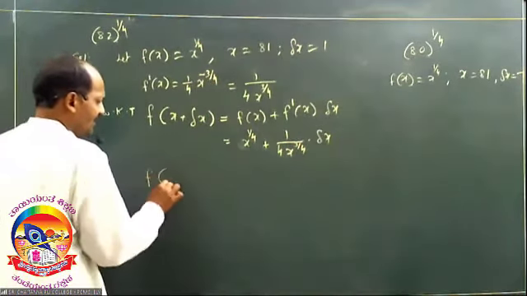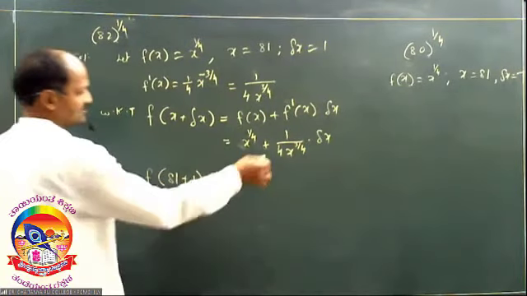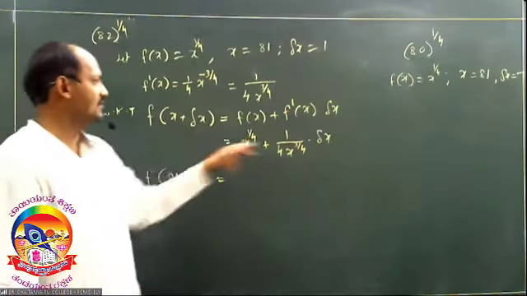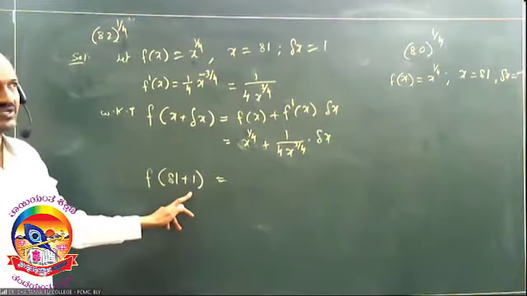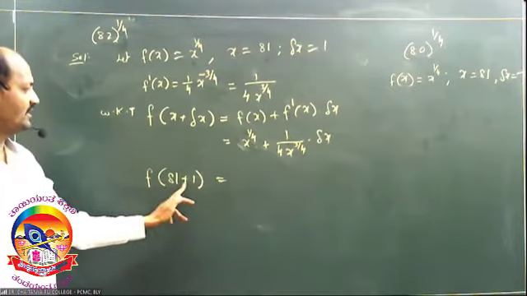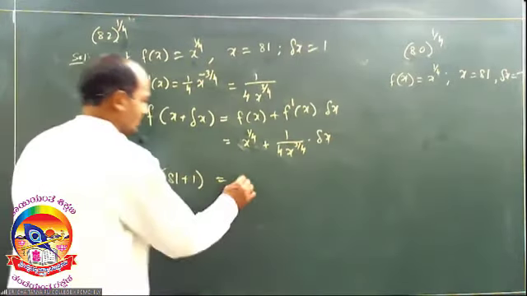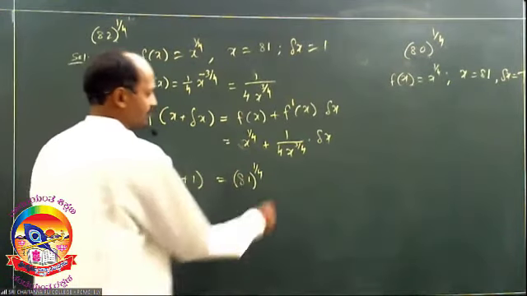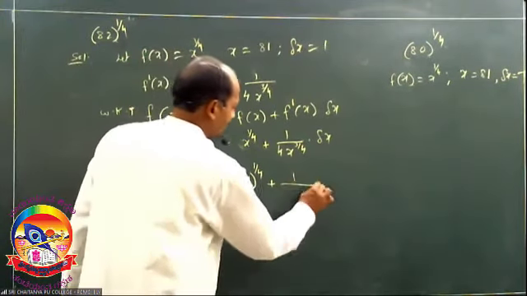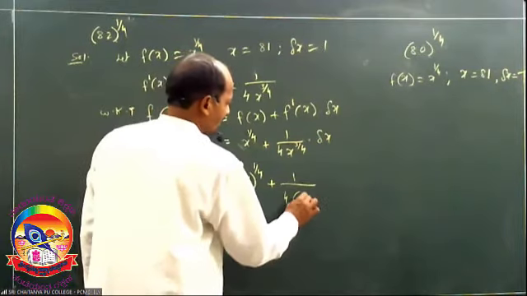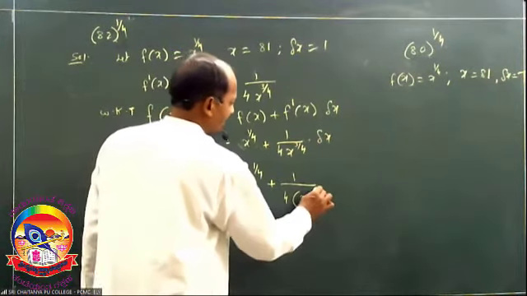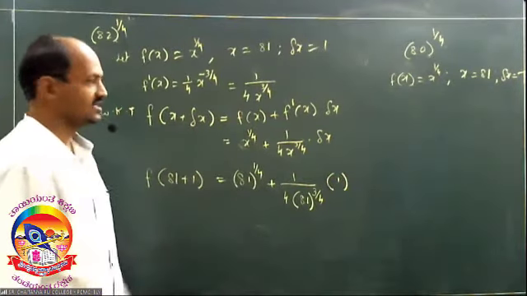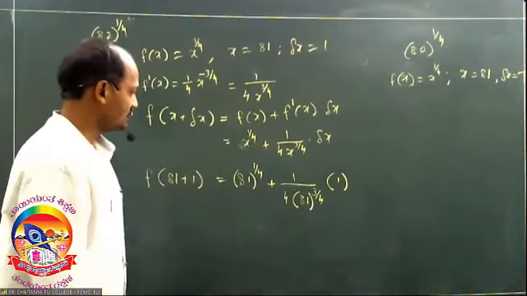f of 81 plus 1, that is x plus delta x, where x value is 81 and delta x is 1. So clearly f of 81 plus 1 is equal to 81 power 1 by 4 plus 1 divided by 4 into 81 power 3 by 4 into delta x, that delta x value 1.